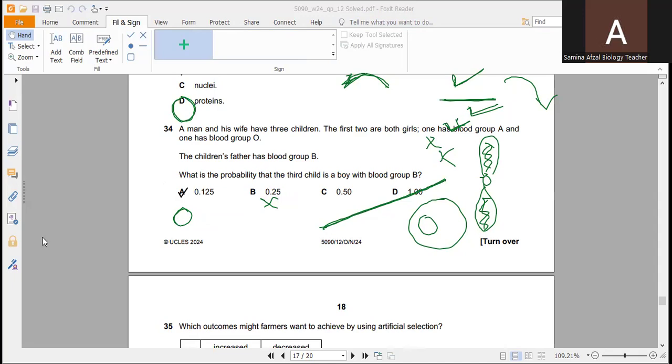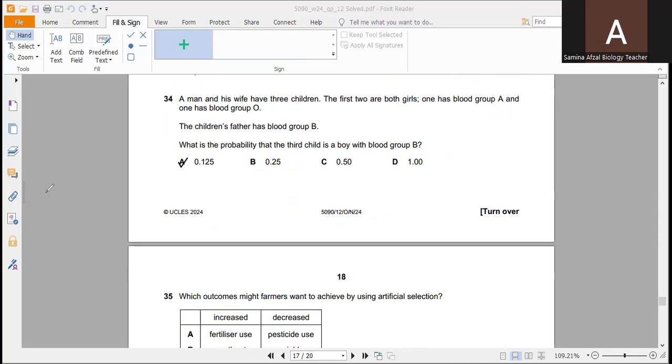The first one has blood group A, and the other has blood group O. The children's father has blood group B. According to this, the three children include one with blood group A and one with blood group O. The father has blood group B.